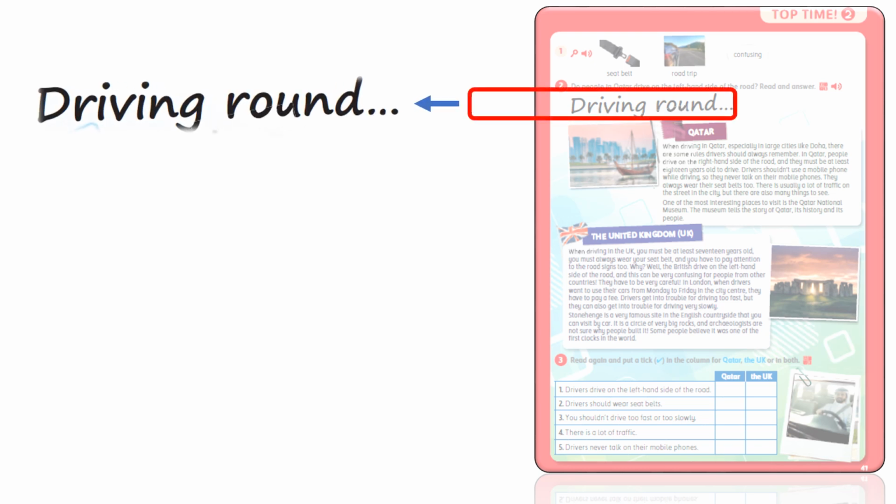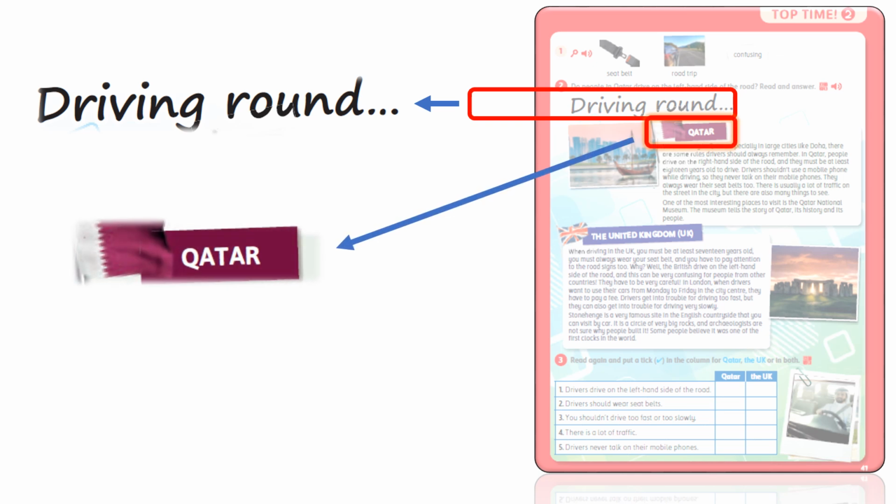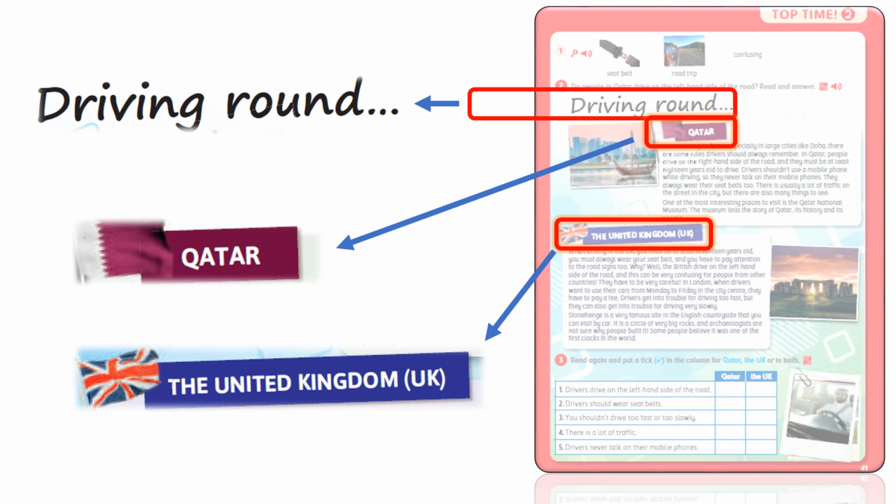That means it's gonna be about driving, cars, or the traffic in general. Next title or subtitle is Qatar, and the last one is the United Kingdom, the UK. So I guess the text is going to be driving in both Qatar and the UK. Let's go to the exercise and see what we should do.